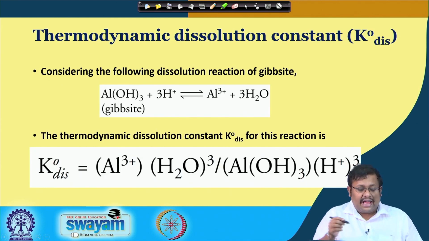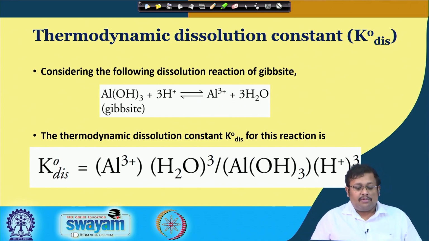the solubility, how to calculate the thermodynamic dissolution constant, which is denoted by K0 Ds, for a particular reaction when gibbsite is reacting with the proton to produce the aluminum ion as well as water.